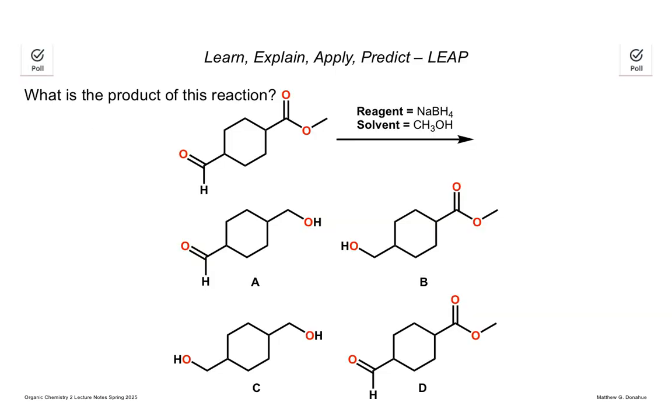I think we have two quick ones. So the substrate's the same, but the reagent is changing. So you have this polyfunctional molecule. We're treating with sodium borohydride. We have an aldehyde at oxidation state 2, an ester at oxidation state 3.